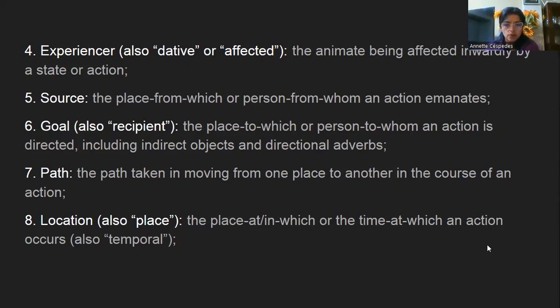It is the place to which, or person to whom, an action is directed, including indirect objects and relational adverbs. The path is the path taken in moving from one place to another in the course of an action. Now, the location, also called place, is the place at or in which, or the time at which, an action occurs, also temporal.